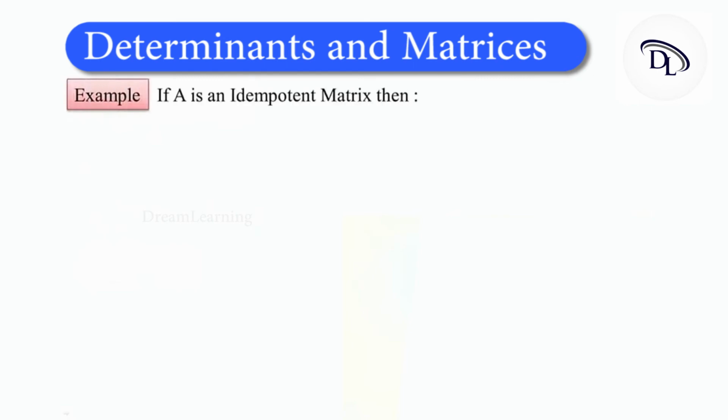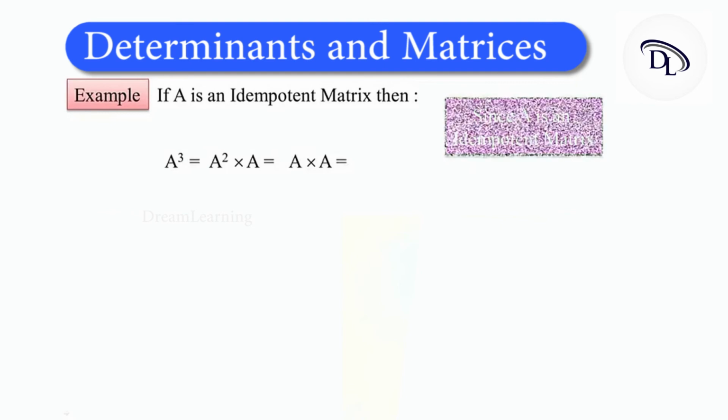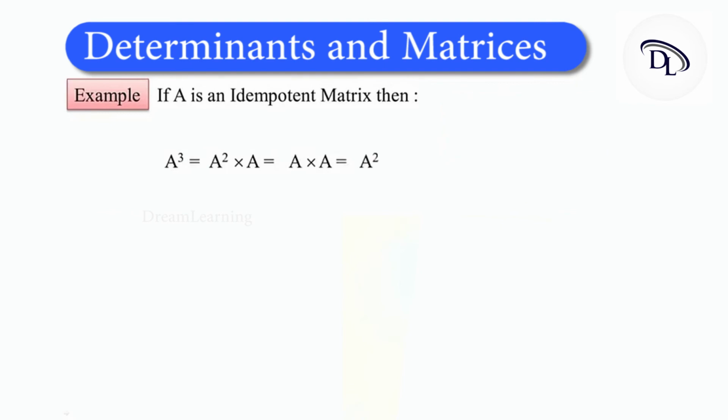Let us look at the first property and try to prove this. If A is an idempotent matrix, let us try to find the value of A cube. Since A is a square matrix, A cube can be written as A square into A. We can always play with the powers of square matrices. Since A is idempotent, A square is A. So this becomes A into A, which is A square.